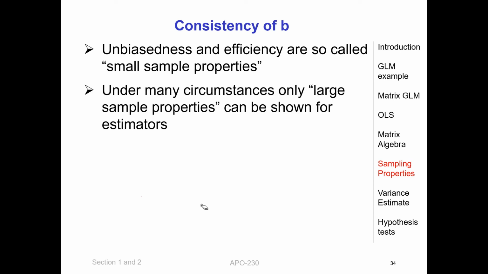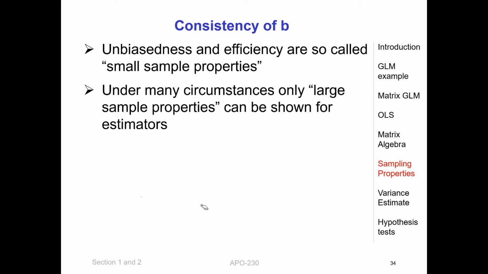Under many circumstances, if not the majority of circumstances, only the large sample properties can be shown for the estimators. So the large sample properties are the properties that can only be shown for a large sample, when the sample grows bigger and bigger.